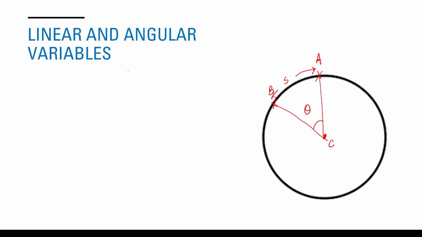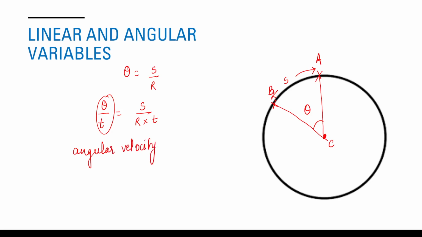We found that theta is S over R. So if I divide both sides by t, this theta over t is nothing but angular velocity.